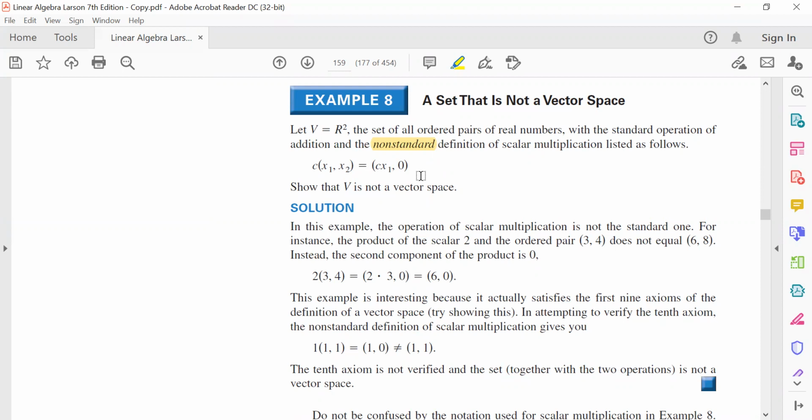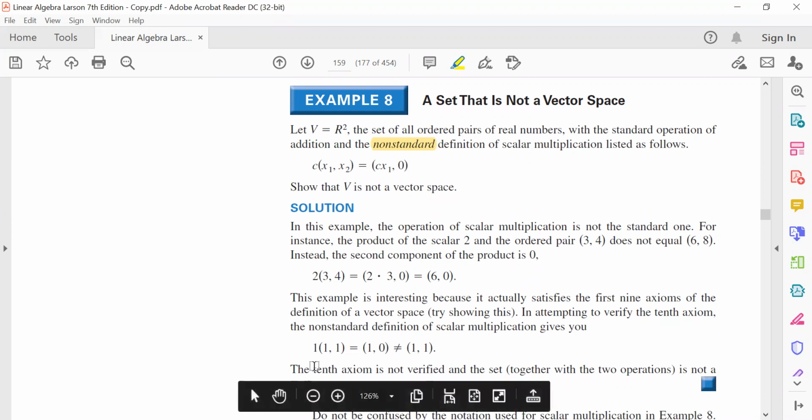For example, if I have 3 comma 4 and I multiply that by the scalar 2, that's 3 times 2 comma 0, which is 6 comma 0. In the standard R2, 2 times 3 comma 4 would give me 6 comma 8. But here it's giving me 6 comma 0. What's really interesting about this example is that 9 out of 10 axioms are going to work, but it's just the very last one that isn't going to work.